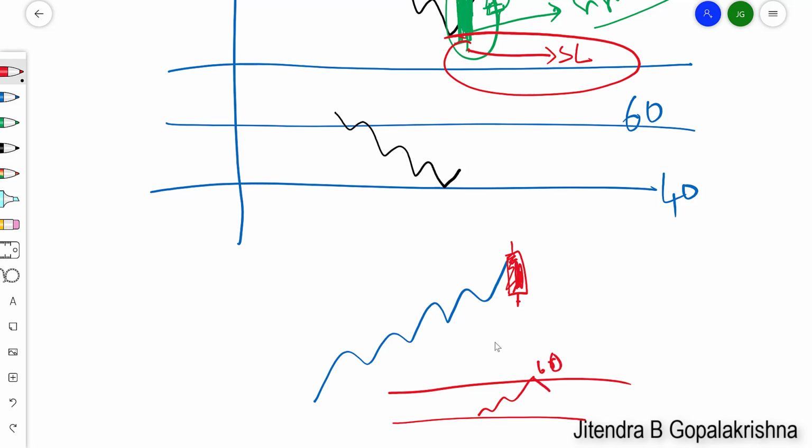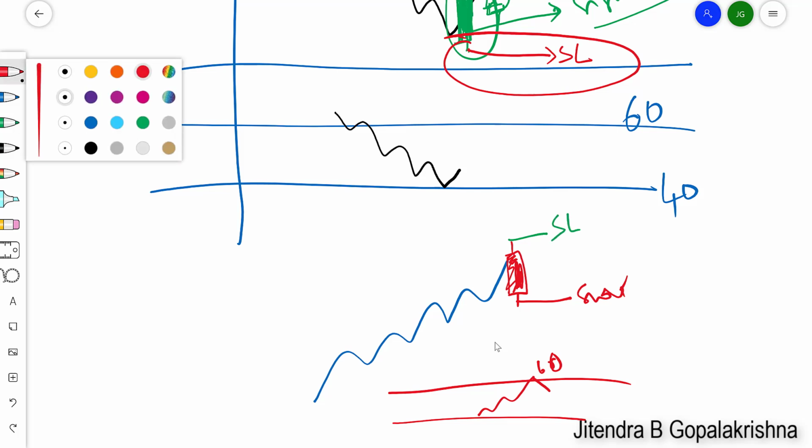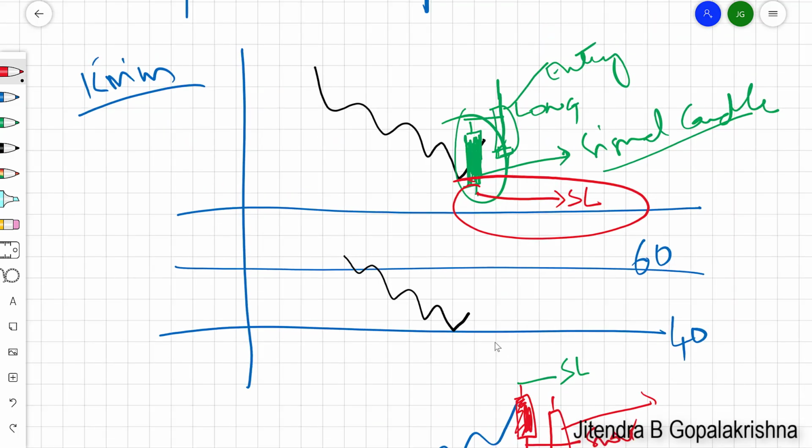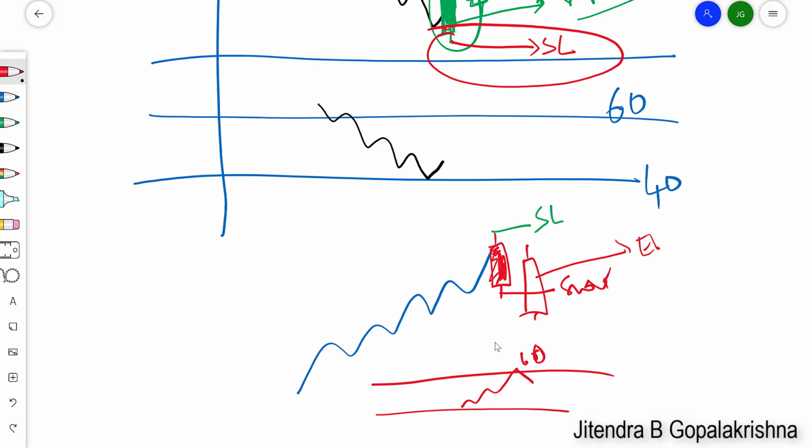So you will short here and your stop loss will be here. The next candle, you would have got an entry something like this. So this is the entry candle and this is the signal candle.